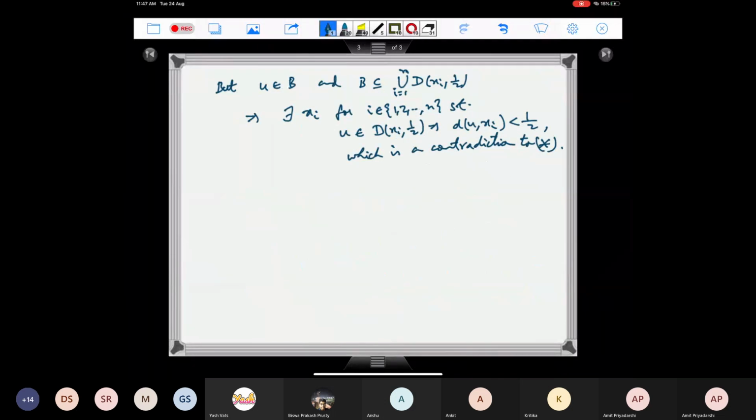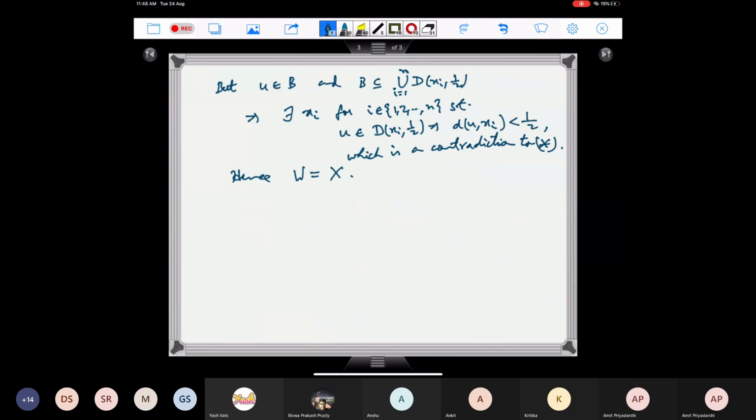Right. So the conclusion is that this W cannot be a proper subspace. So hence W is equal to X. Is this clear?